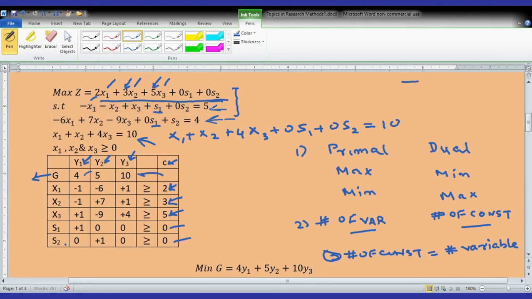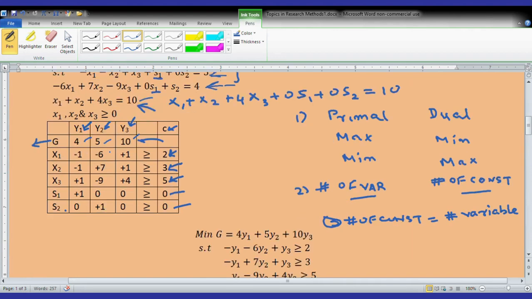The second constraint has 5, so we have 5 here, and then the third constraint has 10 on the right hand side, so we have 10. So this first row actually will have the right hand sides of these constraints, and then we will be able to write down the objective function, and this has been done here.